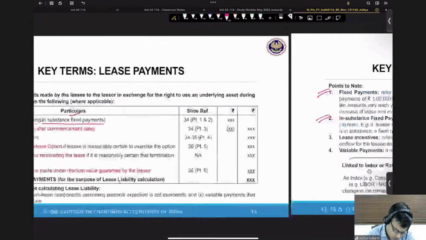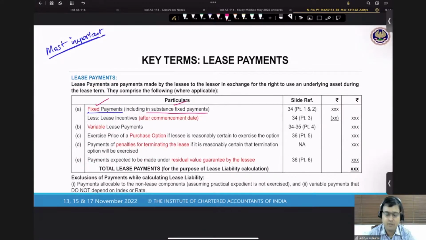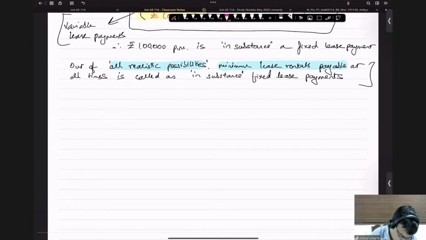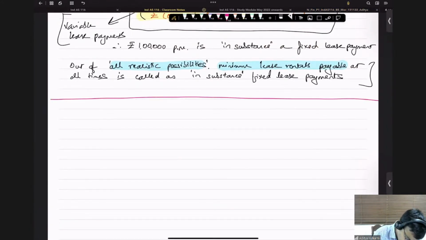Okay. We then move on to the next part of this, lease incentives after the commencement date. Okay. So let us look at what are my lease incentives. See, ideally, who should pay whom?